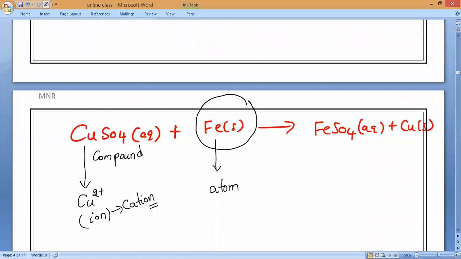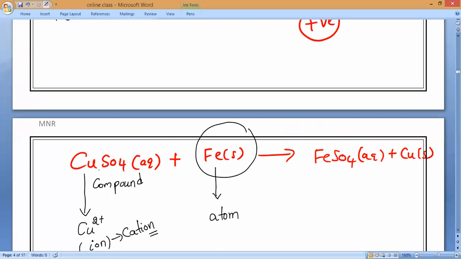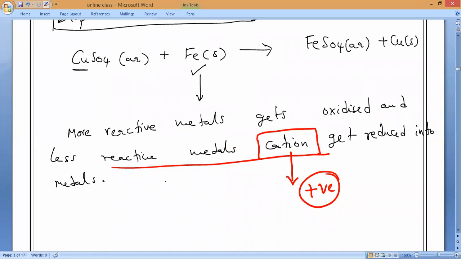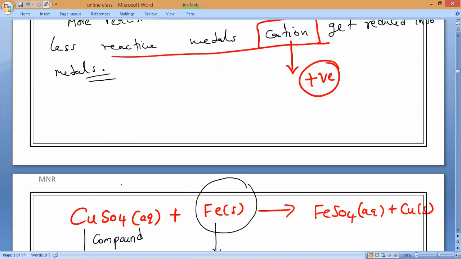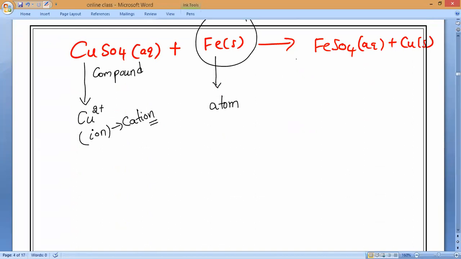Next statement: less reactive metal's cation gets reduced into metal. Before the reaction, iron is in atom state and copper is in ion state in the compound. After the reaction, what is the state of iron?